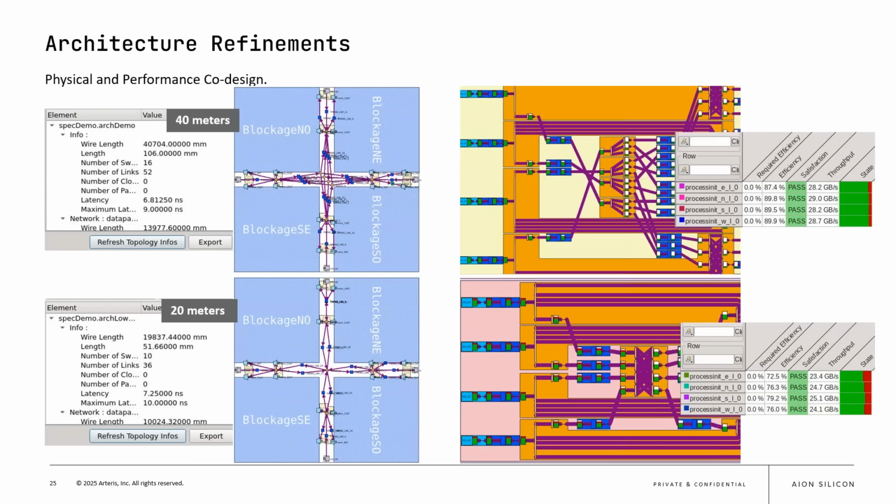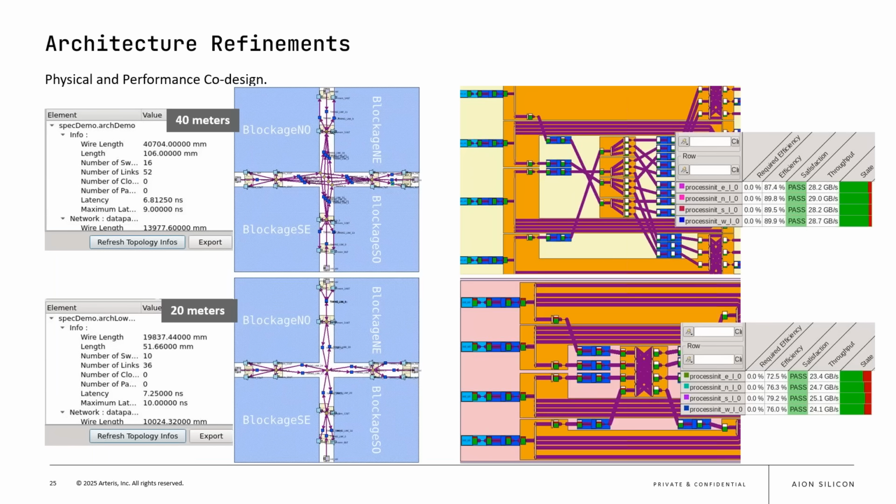And here we see why physically aware refinement is so important for modern AI SoCs. As we optimize the topology, we're not just rearranging switches, we're directly cutting wire length. In the early pass, the fabric stretched to around 40 meters of cumulative wire. After restructuring switches and aligning routes to the floor plan, that shrinks to roughly 20 meters.